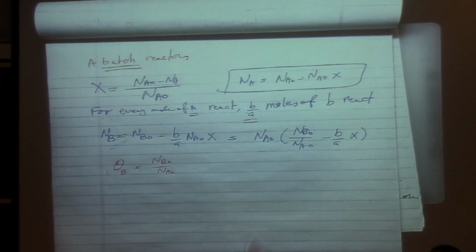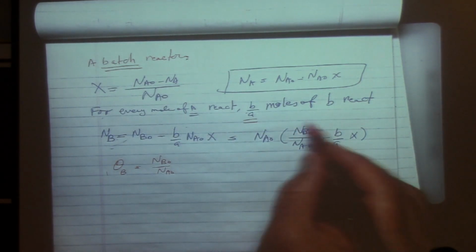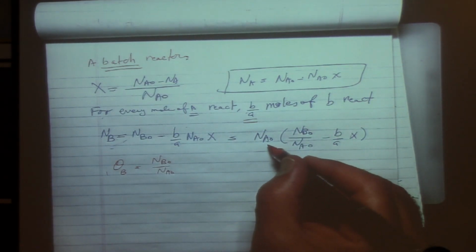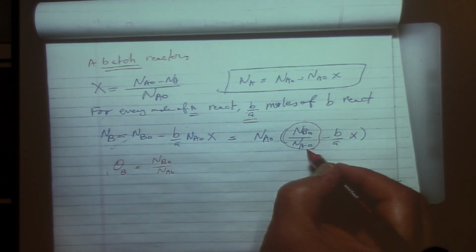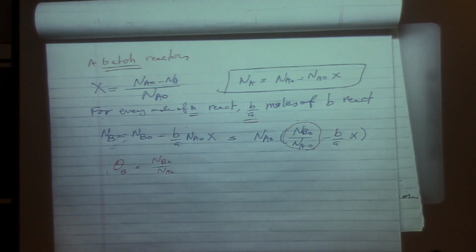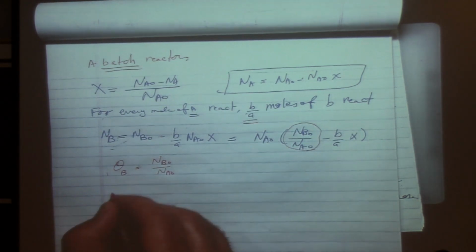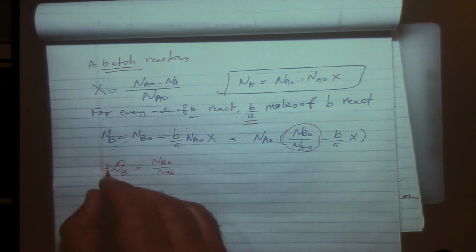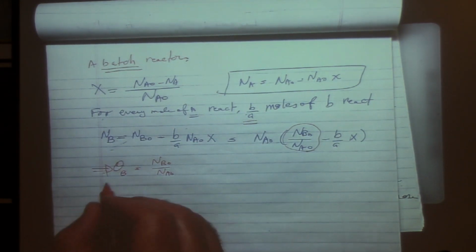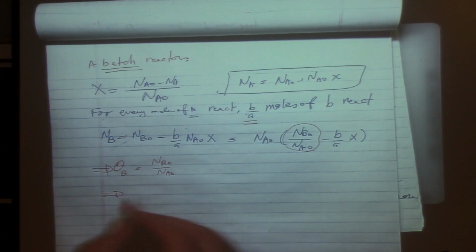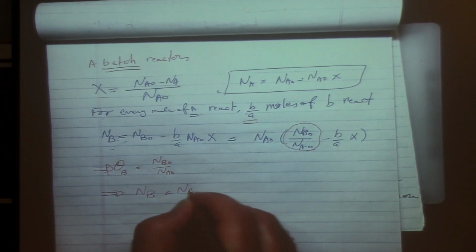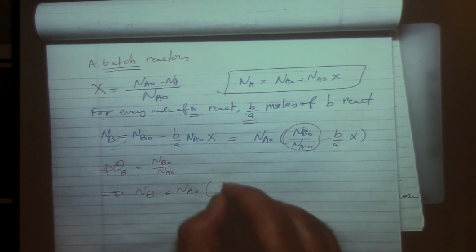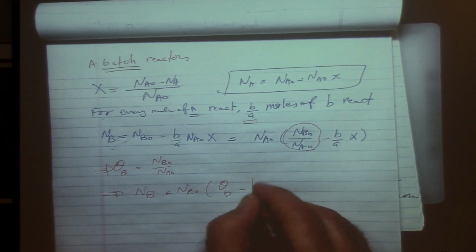We use this simply because if you factor out your NA0, you end up with similar terms: NB0 over NA0, NC0 over NA0, and ND0 over NA0. So if you introduce this theta, your equation for NB becomes NB equals NA0 times theta B minus b/a X.